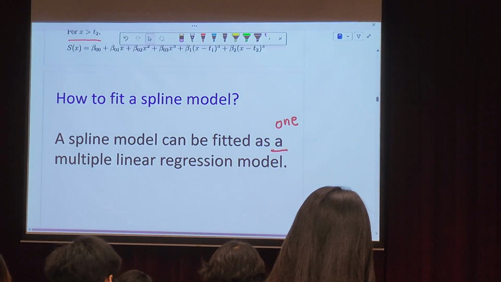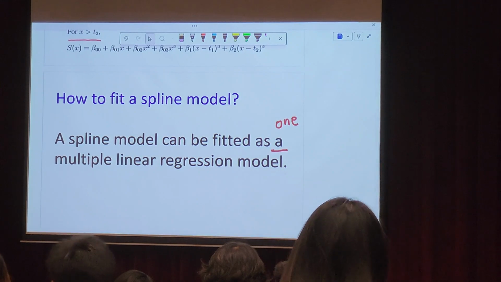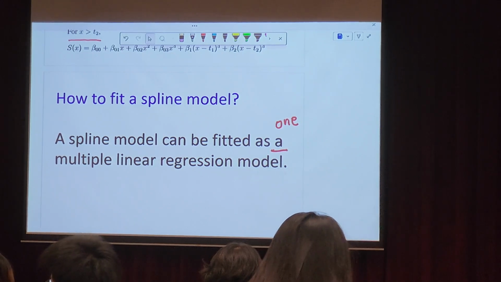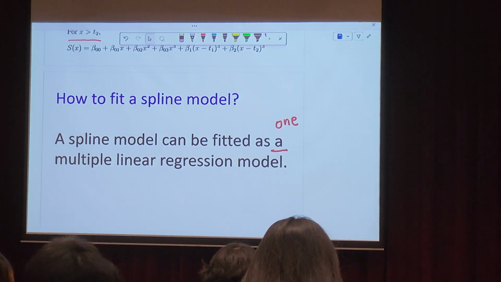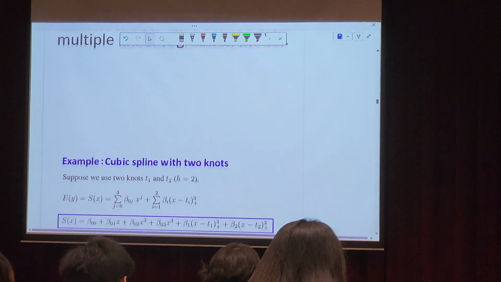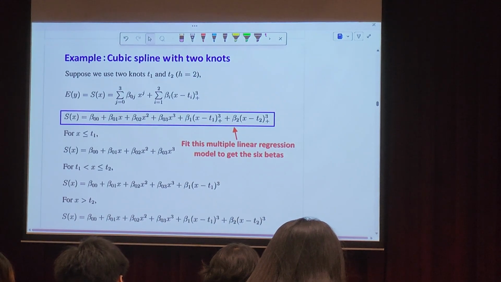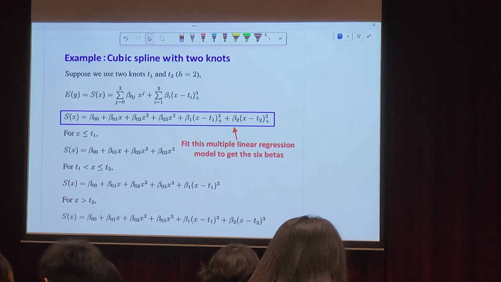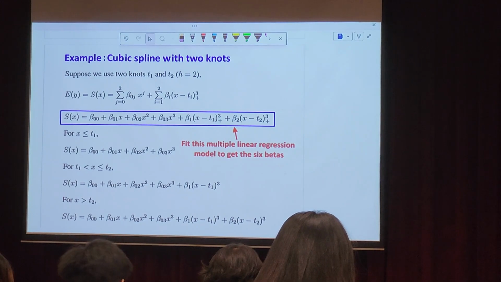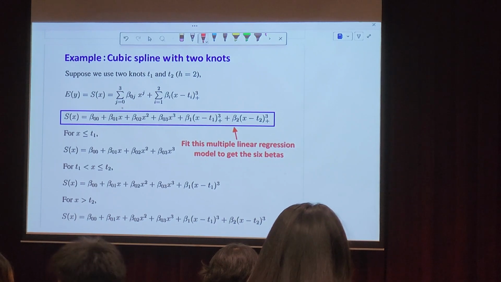So, this is very important, this note here. It says a spline model over several regions separated by the knots can be fitted as a multiple linear regression model. So let's come back to this model with 2 knots. And I am going to have my base model here.